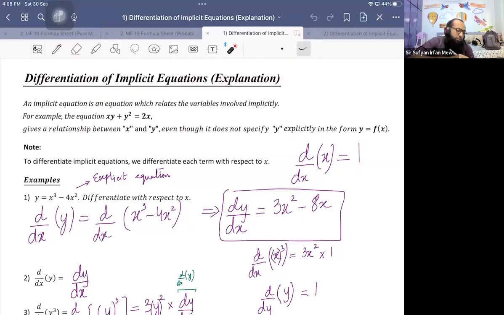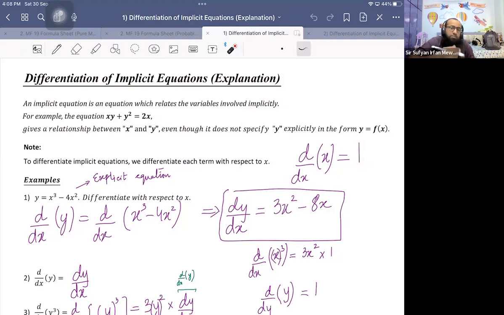So the equation xy plus y squared equals 2x gives a relationship between x and y, even though it does not specify y explicitly in the form y equals f(x). There is a connection between the two variables x and y, but they are involved implicitly.